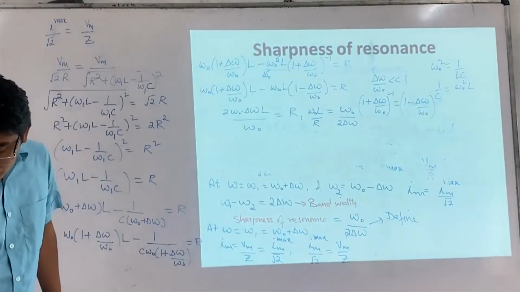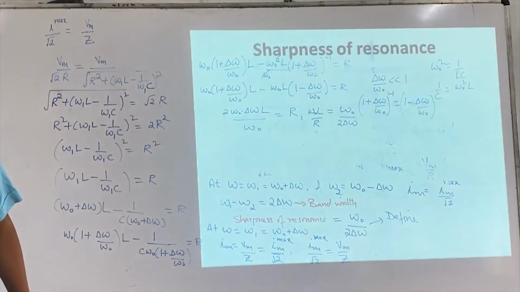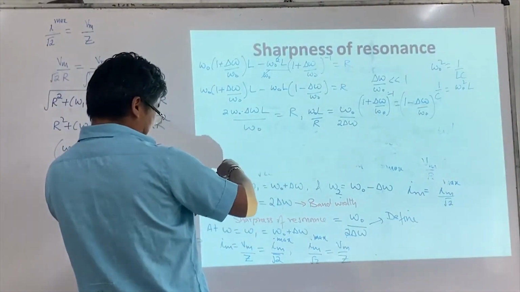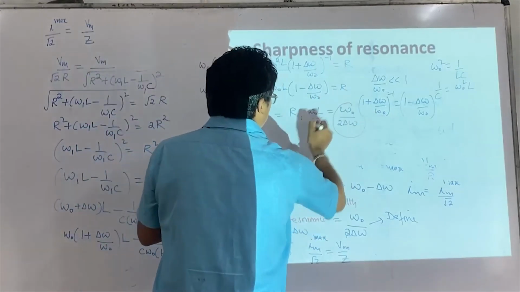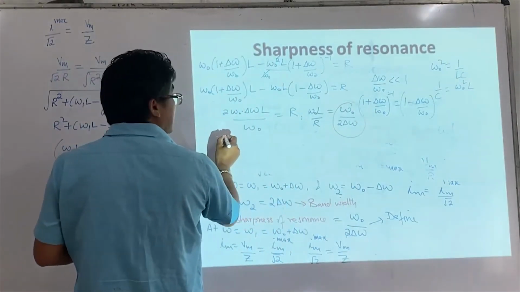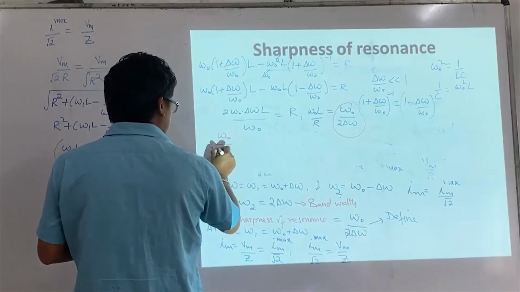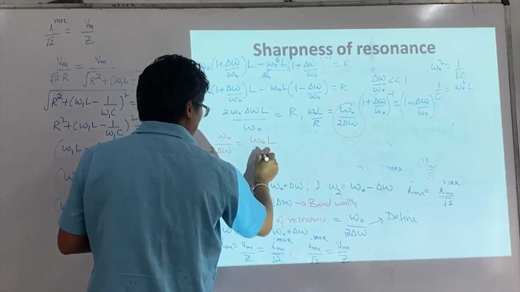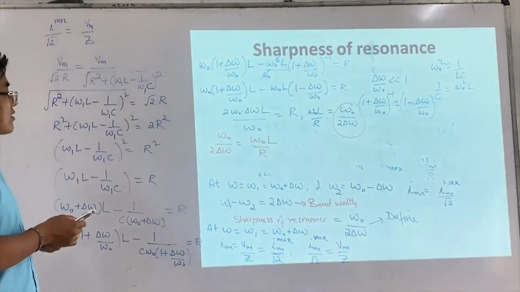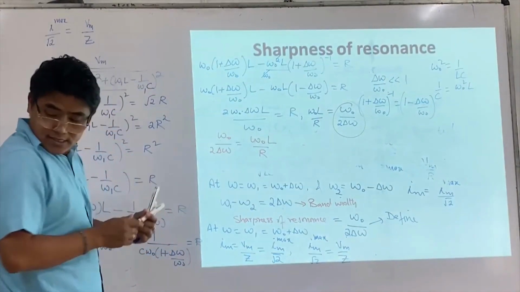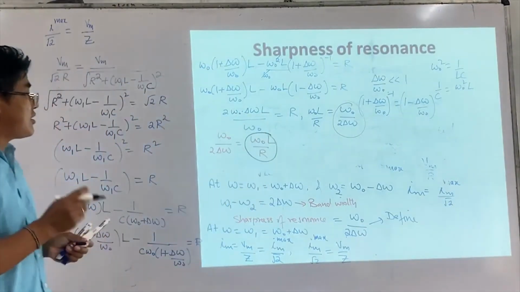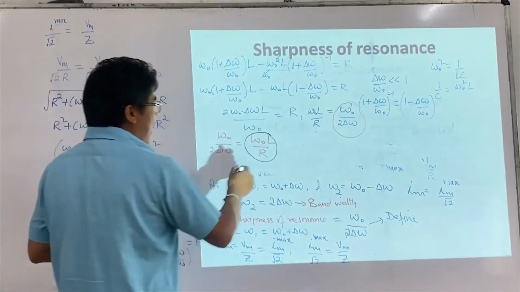Alright. So what is 2 delta omega? This is going to be the bandwidth of the resonance. So the sharpness of resonance, that is omega naught divided by 2 delta omega, is going to be omega naught L divided by R. Therefore the sharpness of resonance is defined by this quantity, and therefore we call this the quality factor.